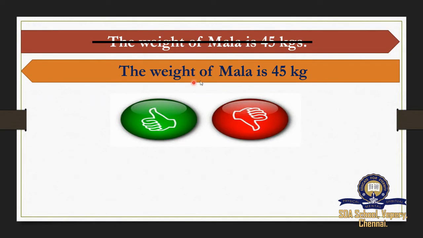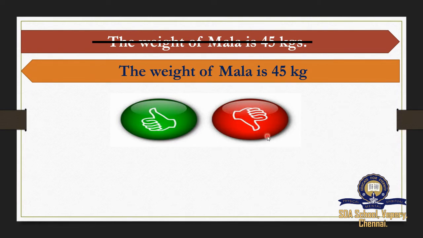Why does the first statement be incorrect? Because it doesn't satisfy the fifth rule, that the symbols of the units are not expressed in plural form. It is denoted in plural form, whereas this one is not. So this one is correct and the other is the wrong statement.